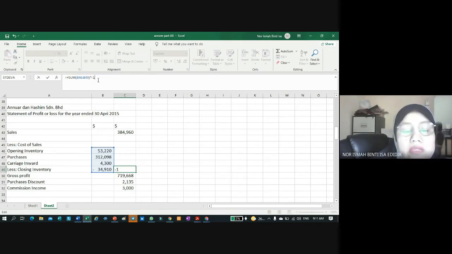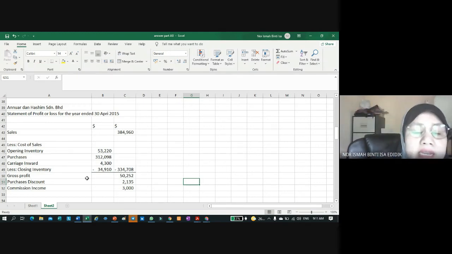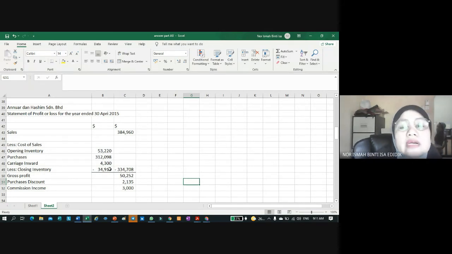So this one dapat 50. Nanti kamu punya statement buat kurungan ya. Patutnya dia boleh buat kurungan ya. Jangan letak negatif. Statement letak kurungan. Ini ada masalah ni saya punya Excel ni.